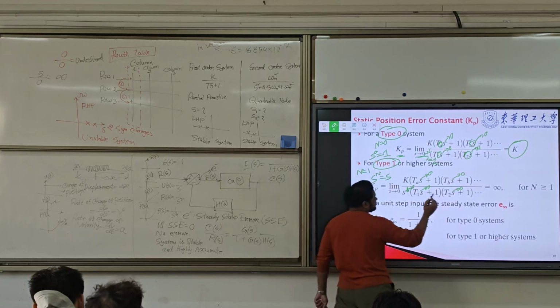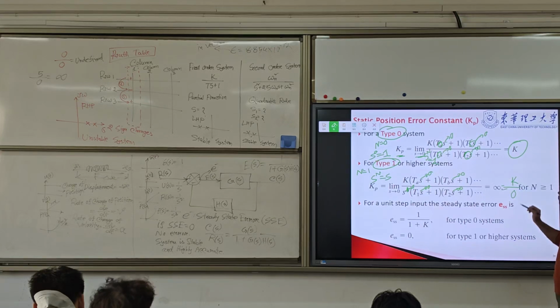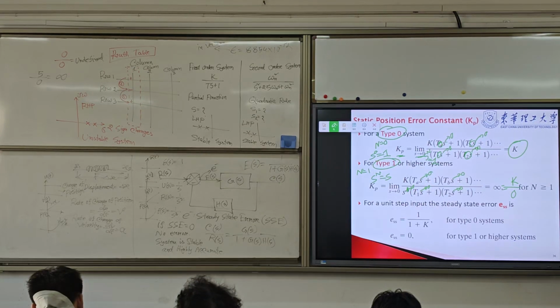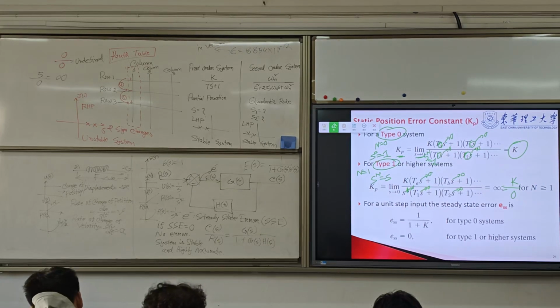So this is K by 0. Something by 0. What do we call that? Infinity. So once you find infinity, that means you don't need to do it. All the higher order systems will be infinity, because for type 1 you have infinity.